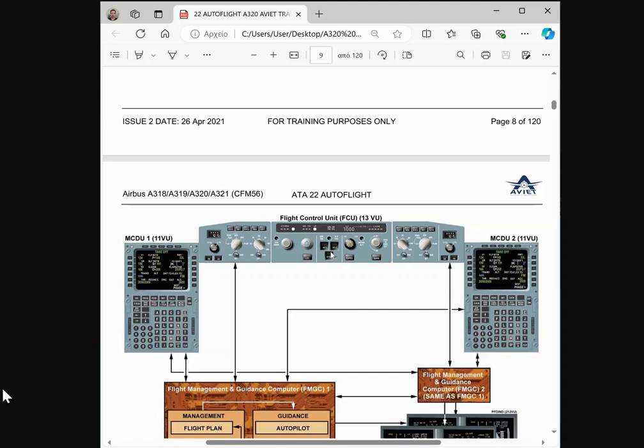If this one is off, it will not do anything. If the flight plan says from 300 go to 330 and the auto thrust is off, it means I cannot control you. The commander is the captain, not me.